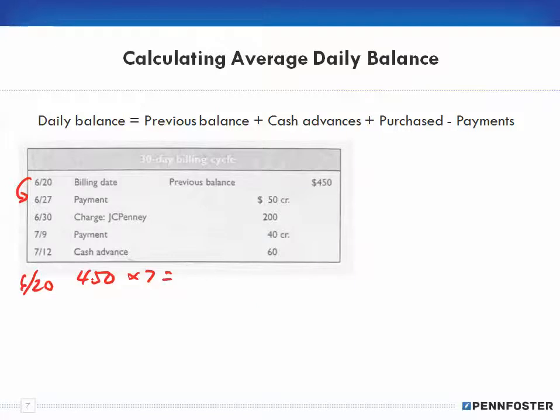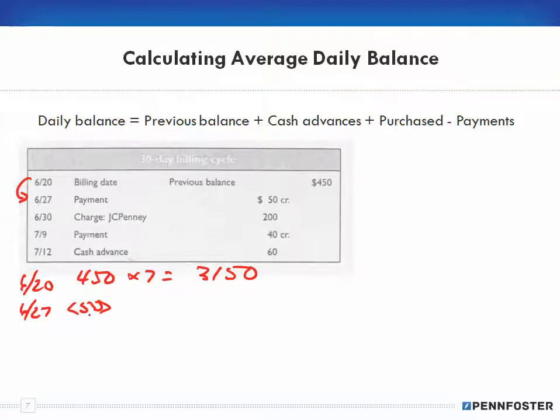So $450 over the 7 days comes out to $3,150. Now, on 6/27, a $50 payment was made, so that's going to be a minus, right?